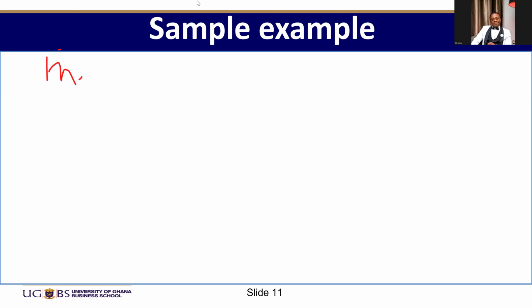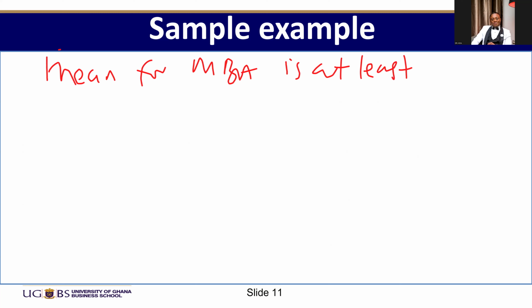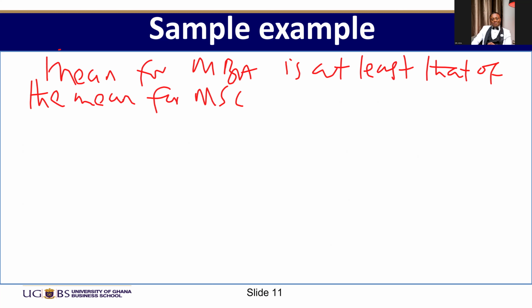The mean score for MBA students doing statistics is at least that of the mean score for MSc students in statistics. How do you formulate the null and the alternative hypothesis? Who can try? Pache?